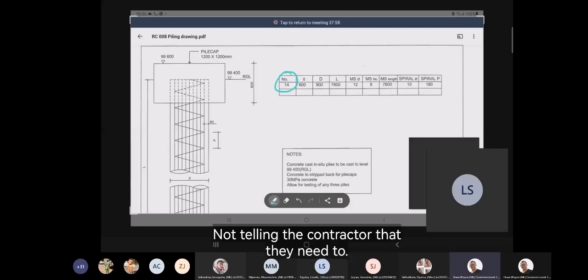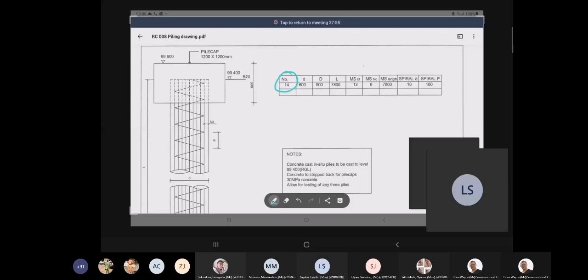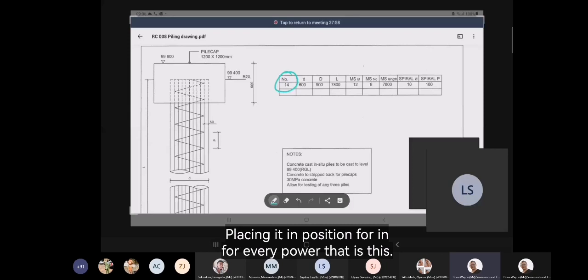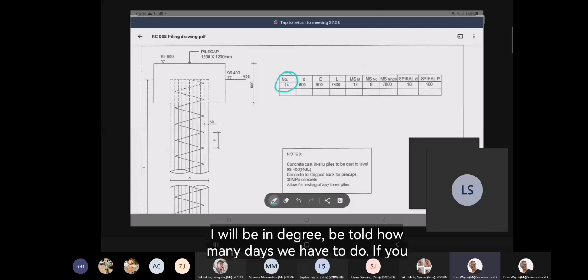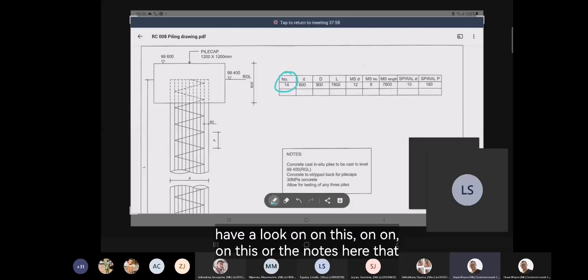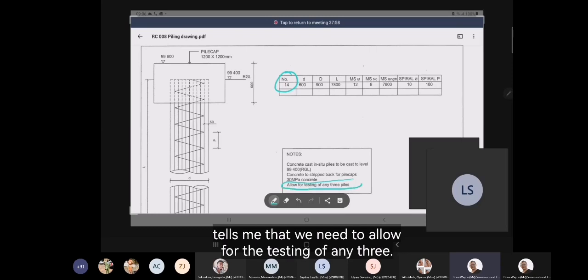We are telling the contractor that they need to allow for bringing the machinery on site, placing it in position, removing it from site, and placing it in position for every pile that is there, and also for the testing thereof. We'll be told how many tests we have to do. If you have a look at the notes here, it tells me that we need to allow for the testing of any 3 piles.